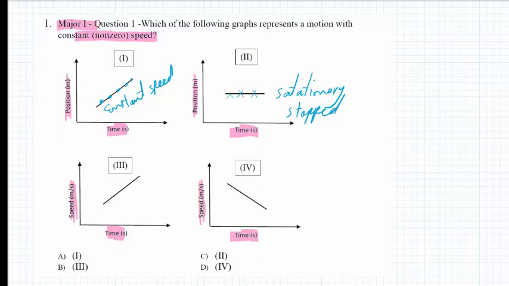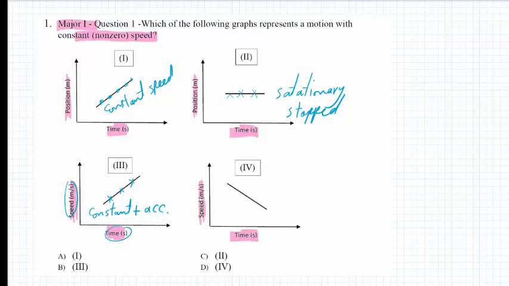The third one, it's a speed, not a position. Speed versus time, and the speed increases with time. So that's not a constant speed, but it's a constant positive acceleration.